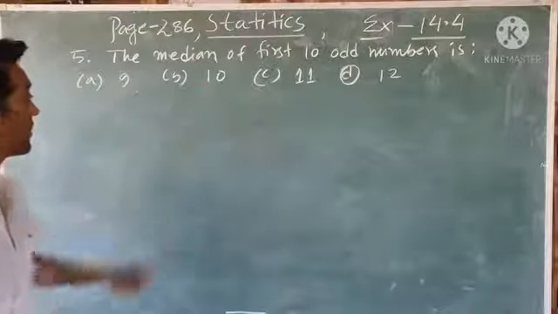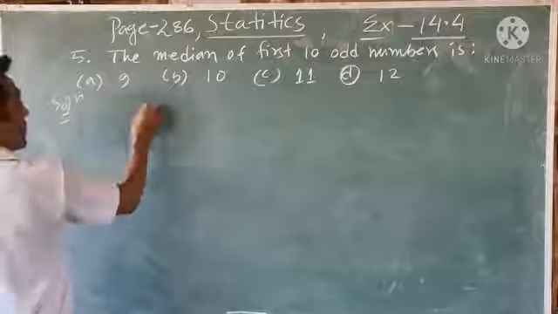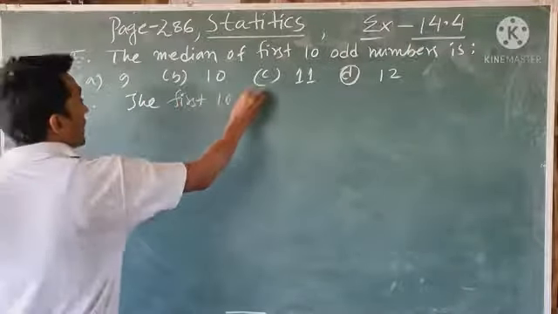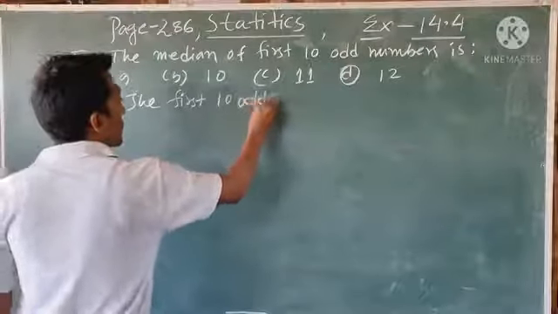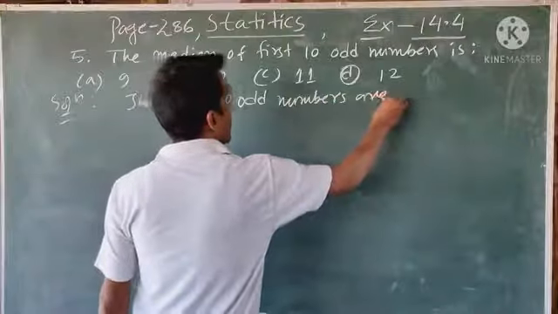You have to find. So the first 10 odd numbers are what?